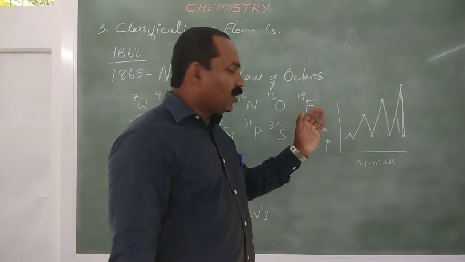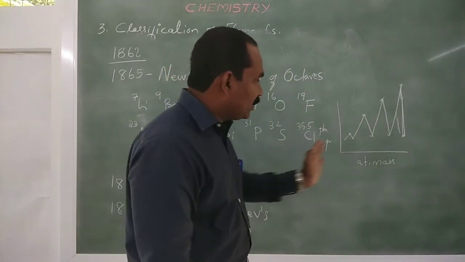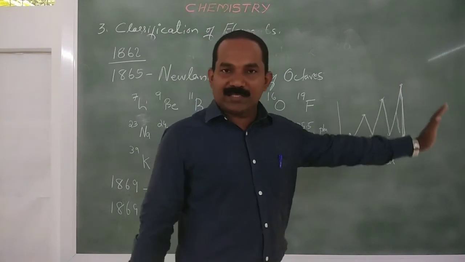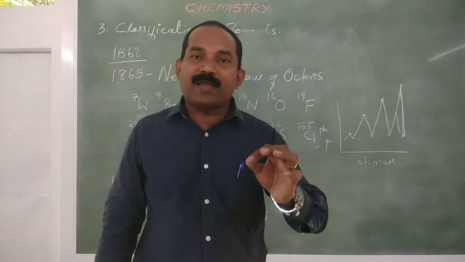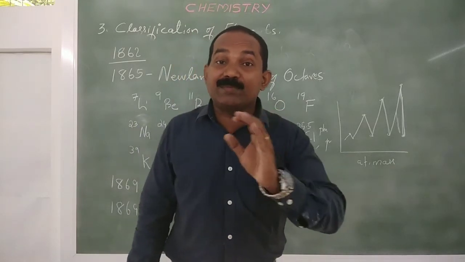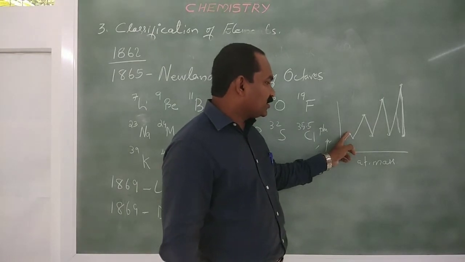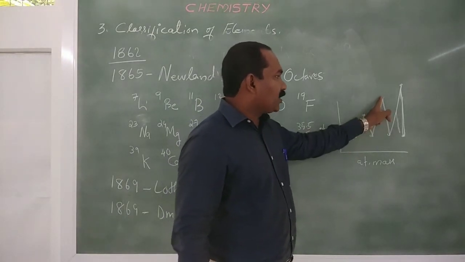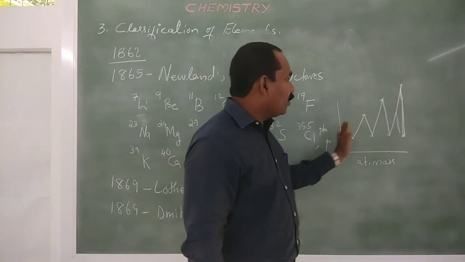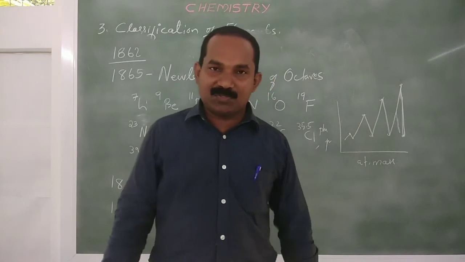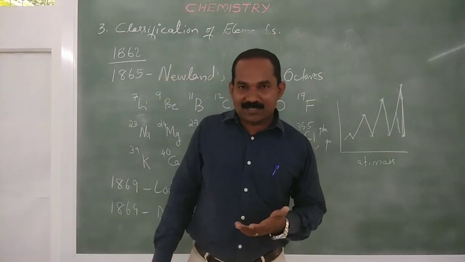Elements having similar properties occupy similar positions in the plot. Suppose lithium is here, then sodium, potassium, rubidium, with atomic volumes in similar positions. This law is not widely accepted.